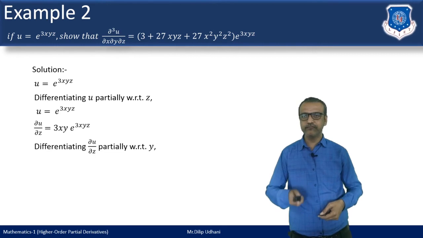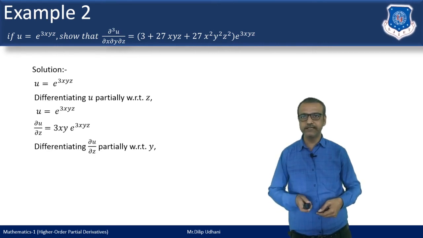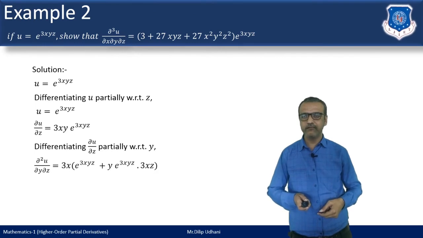Now we will differentiate del u by del z partially with respect to y to obtain del square u by del y del z. Now we are differentiating with respect to y, so we will keep x and z constant. So 3x is constant and we apply the product rule on the function y into e raised to 3xyz. So e raised to 3xyz is the same, multiplied by the derivative of y with respect to y, which is 1.